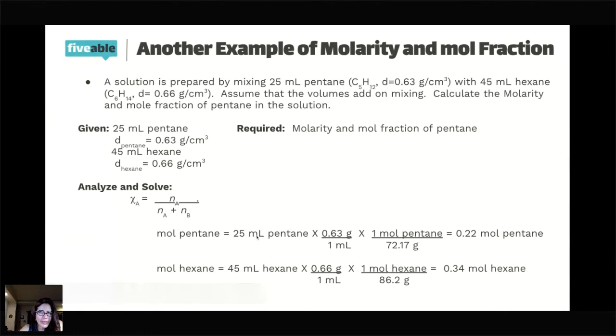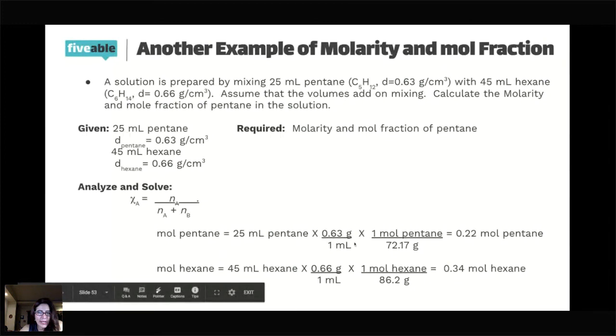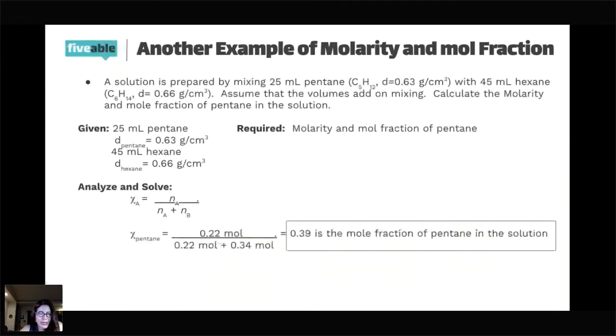We place the milliliters, we multiply times the density, because by doing this, we're canceling milliliters. And then we use the molar mass to cancel grams and get moles. We do the same process for hexane, and now we have the moles of both substances. We place them in the fraction. We are aware of the sig figs, and that's our answer. Any questions so far?